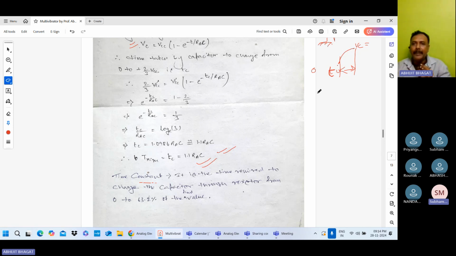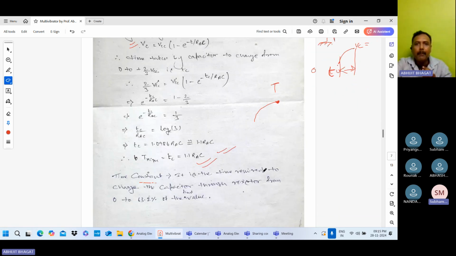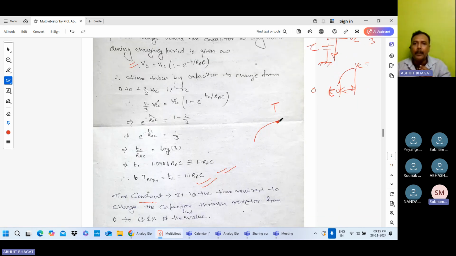So suppose if it is connected to VCC, it will try to reach VCC after charging. तो टाइम कांस्टेंट वो टाइम है जिसमें फाइनल वैल्यू का 63.2% चार्ज होता है. That value is the time constant, and for the capacitor circuit it is equal to RC, the resistance through which the capacitor is charging into the capacitor value.